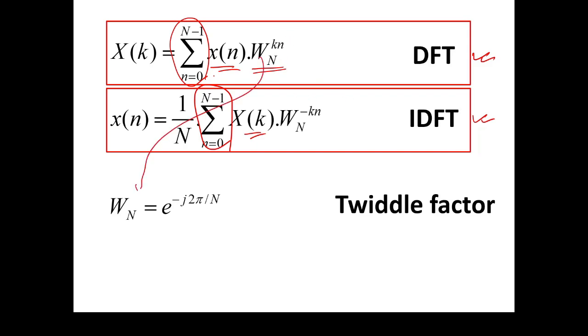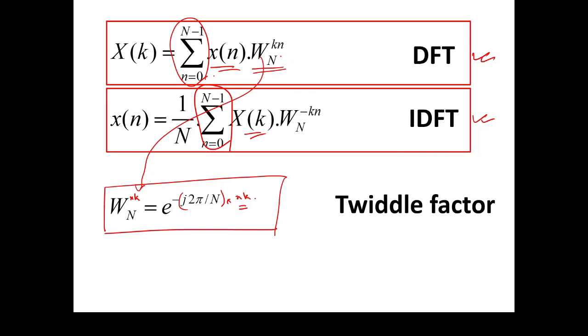This twiddle factor is given by W_N equals e to the power minus j 2 pi divided by N. And for the kn, it becomes this one multiplied by k, which goes in the numerator. Using this factor, we can go for the calculation of the DFT and IDFT.